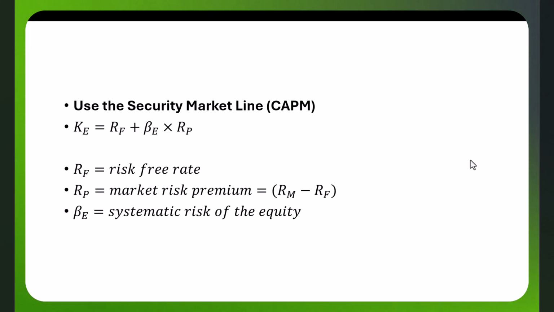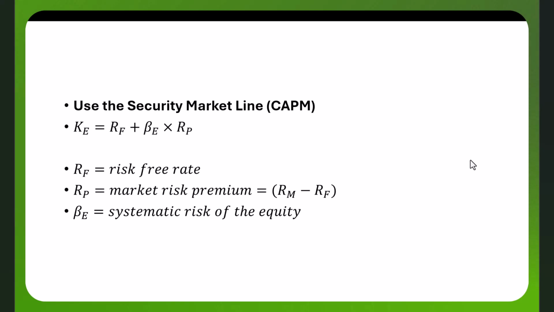So here, the cost of equity equals the risk-free rate plus beta times the market risk premium. The market risk premium being the expected return of the market minus the risk-free rate. Usually we use as our market return the return on the S&P 500.